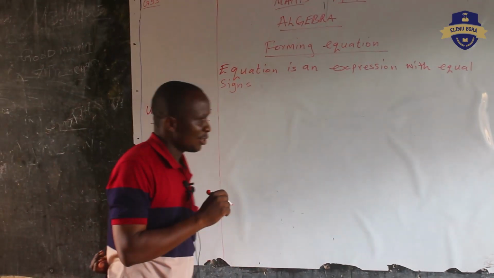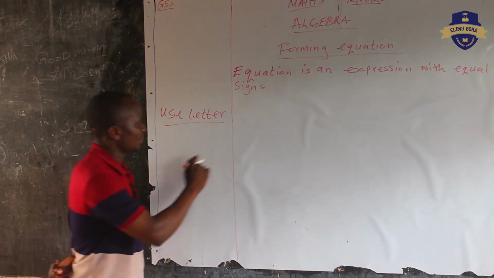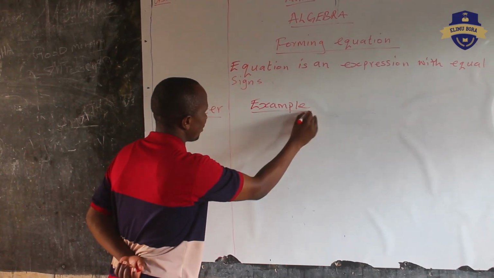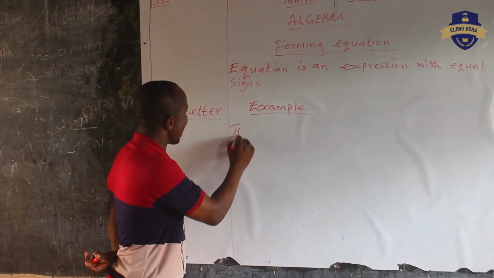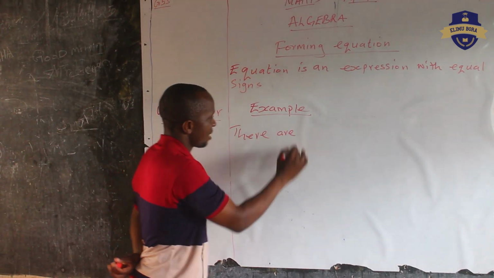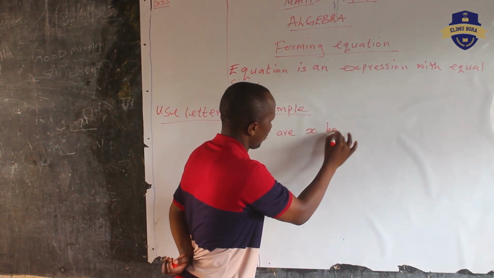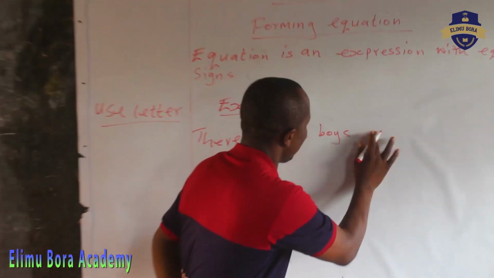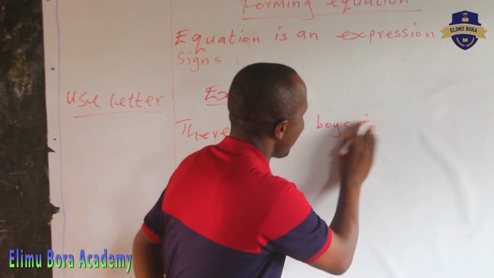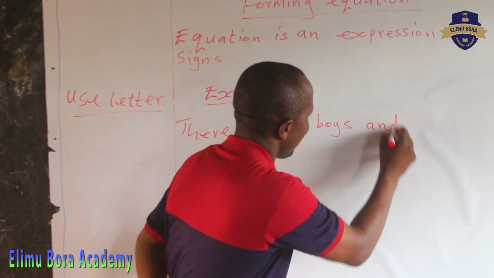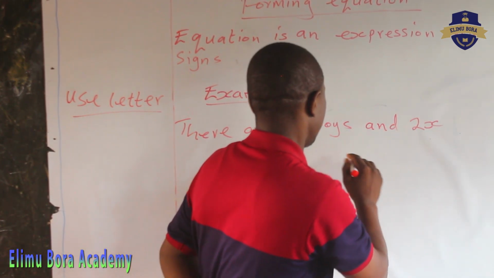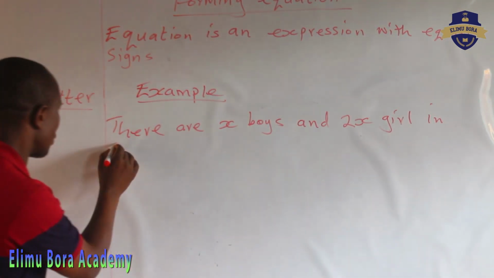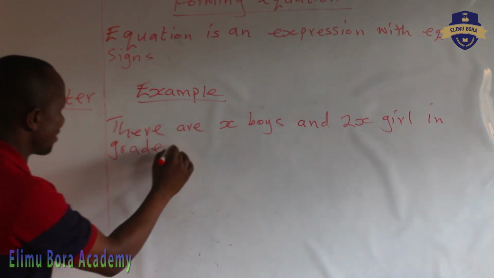For example, in grade 5, there are X boys and 2X girls in grade 5.